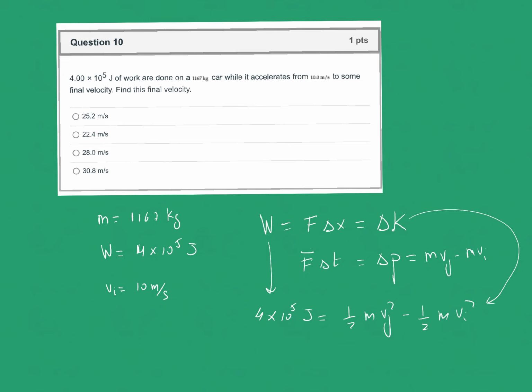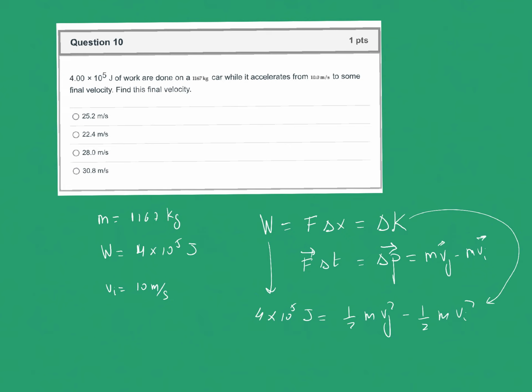Strictly speaking, this is the equation that you use for Newton's law. The force produces acceleration. If you rewrite F equals m a, this equation says that the force acting over time produces a change in the momentum. So it's m v_f minus m v_i.